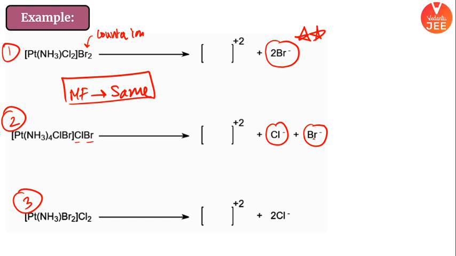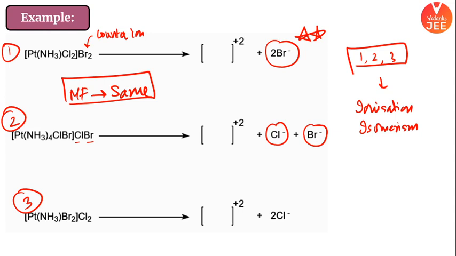So a different type of ion is produced, that is Cl minus. And in the last one, again you will get 2 ions but 2 Cl minus ions. So whenever you are able to produce more than one type of ion, or different numbers of ions, then you will call it ionization isomerism. Yes, boys and girls.